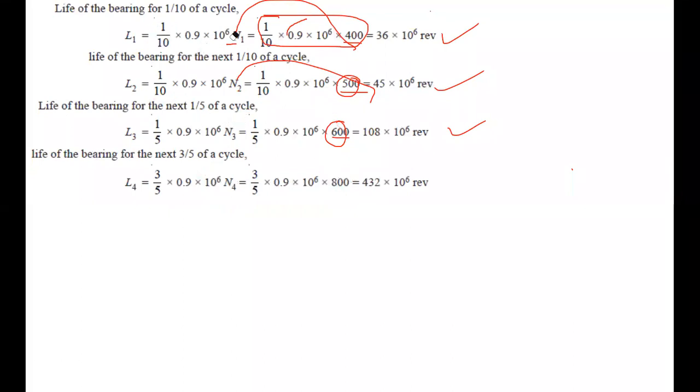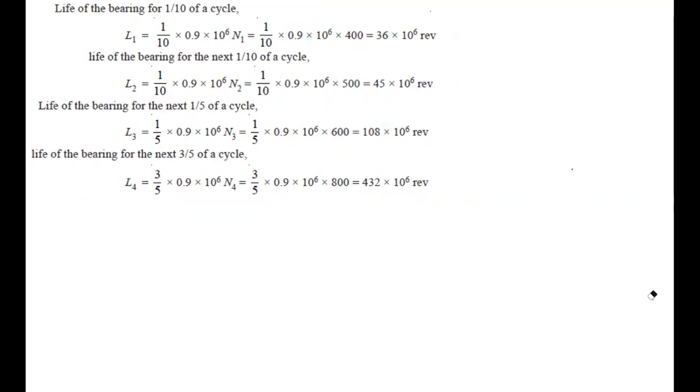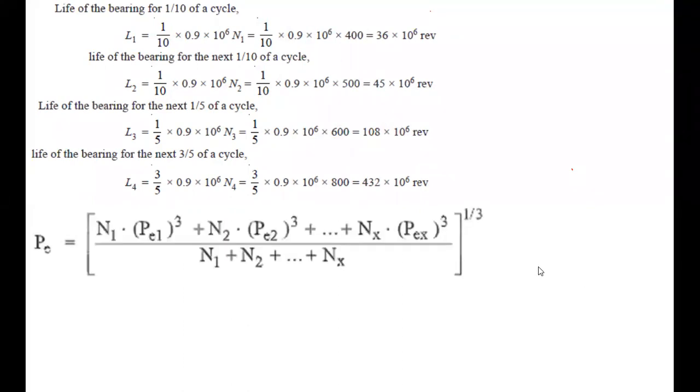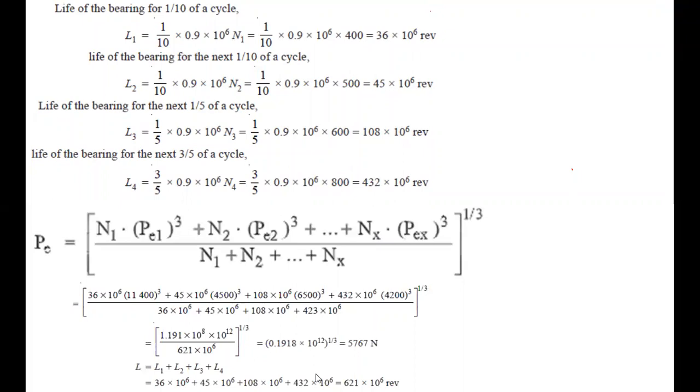Once you have found out the life in million revolutions, we will use this equation where you can see the equivalent load we had already found out: P1, P2, P3, P4, and so on.